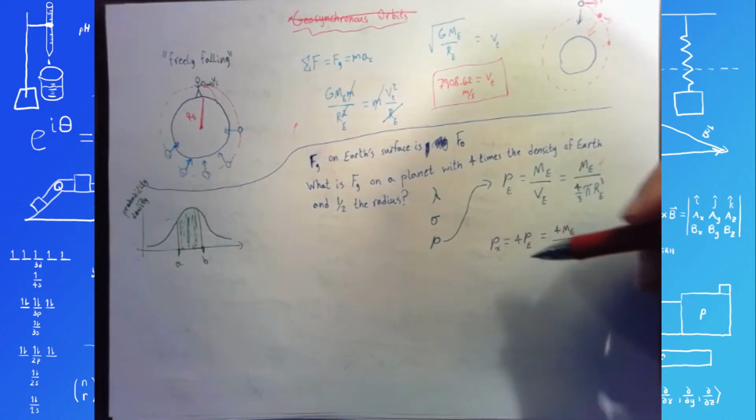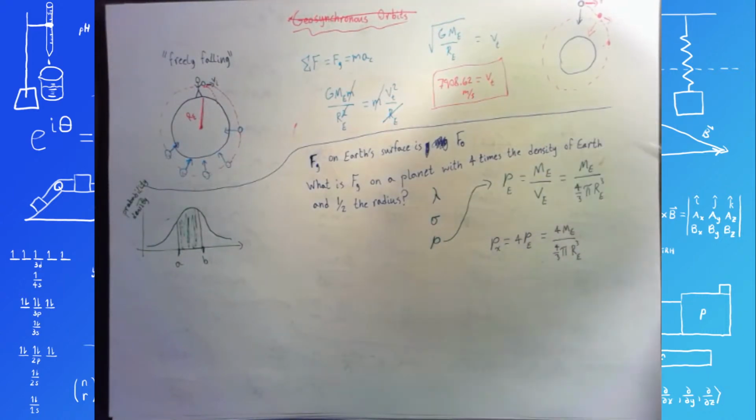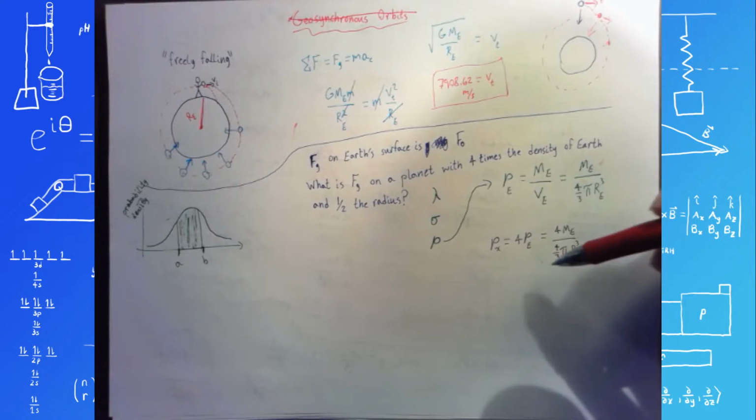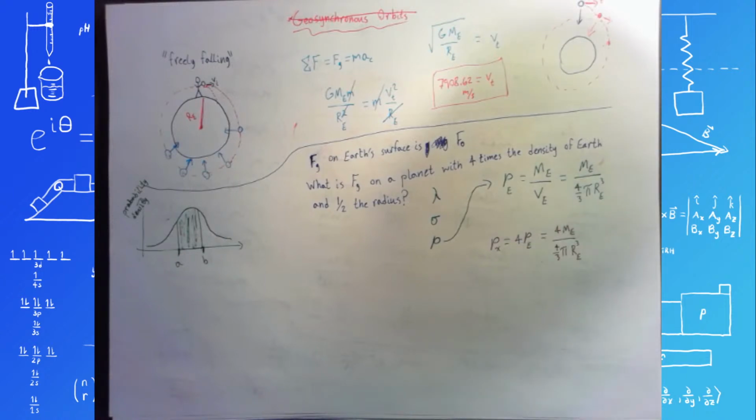And what we use this density for is to calculate the mass of this new planet. Once we figure out the volume of this new planet, we multiply that volume by the mass per volume, the density, to get the mass.